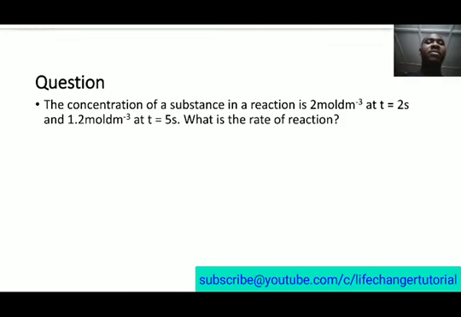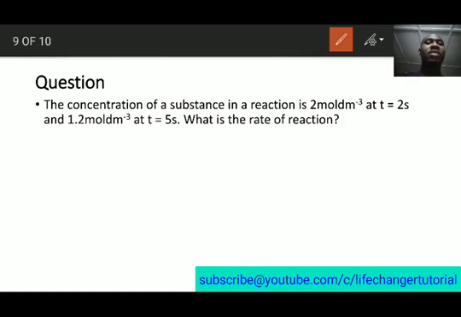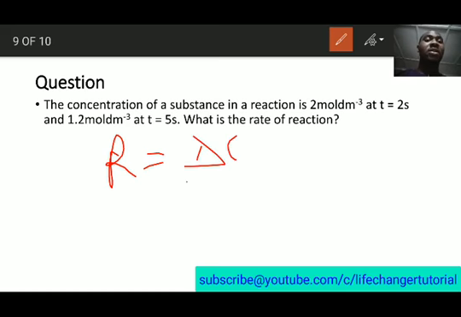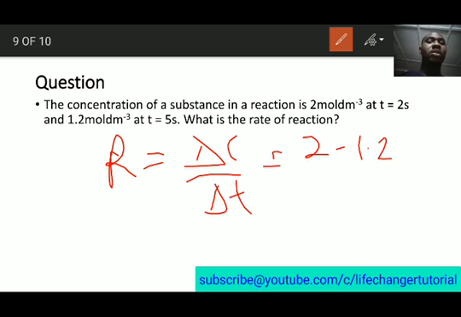Now let's see another question. It says the concentration of a substance in the reaction is 2 moles per dm cube at t equal to 2 seconds and 1.2 mole per dm cube at t equal to 5 seconds. What is the rate of the reaction? Remember, rate is equal to the amount of substance, which you can also say change in concentration, all over change in time. The change in concentration should be 1.2 minus 2.